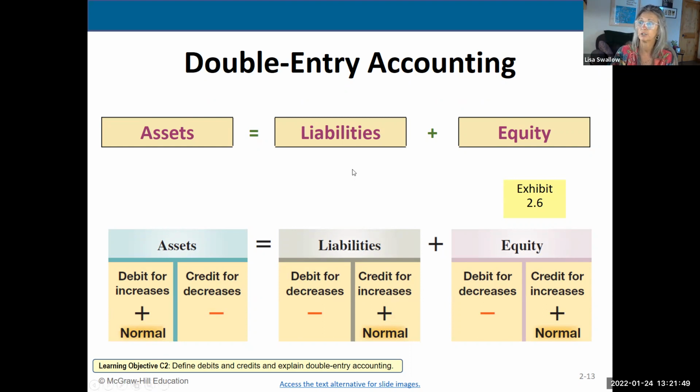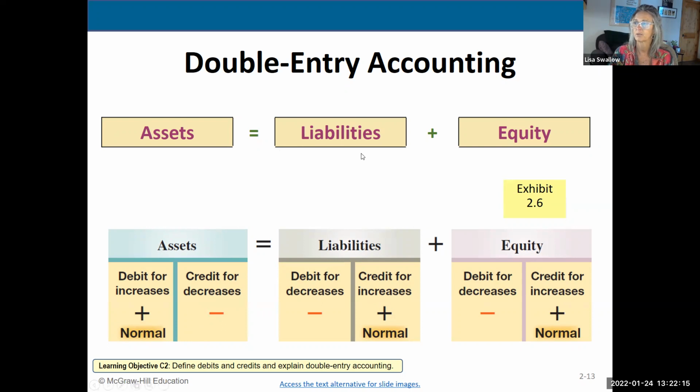So you literally just need to learn this. Assets by nature are debit type accounts. To increase a debit type account, you debit it, in other words, make an entry on the left-hand side. To decrease an asset account, you credit it, making an entry on the right-hand side of the account.